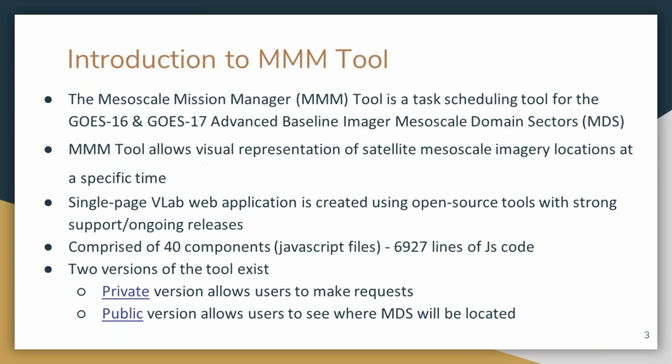All right, next chart. Okay, the tool is a task scheduling tool. GOES 16 and GOES 17, as you know, are the $12 billion worth of new geostationary satellites that Greg Mandt launched for the Weather Service over the last couple of years.